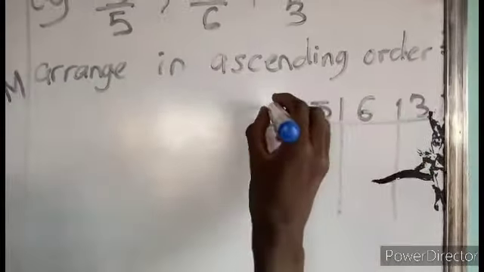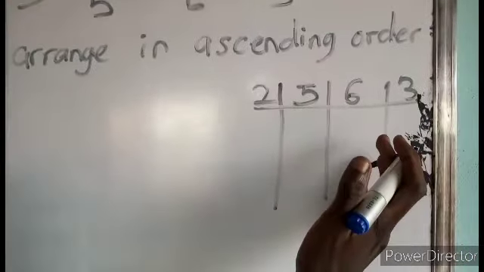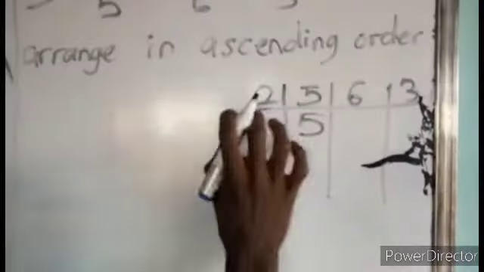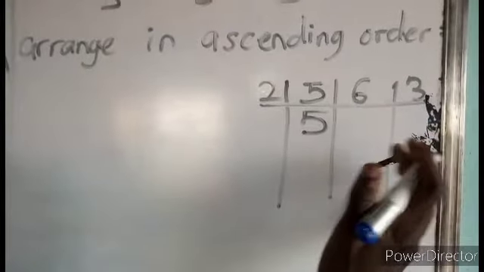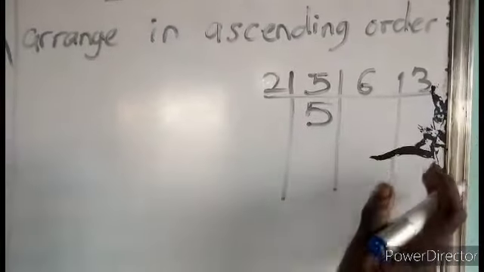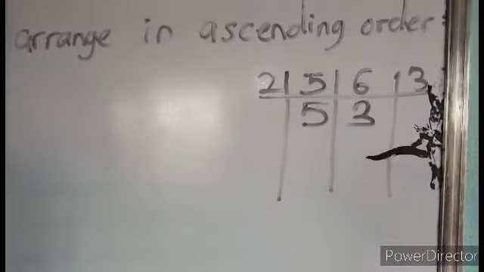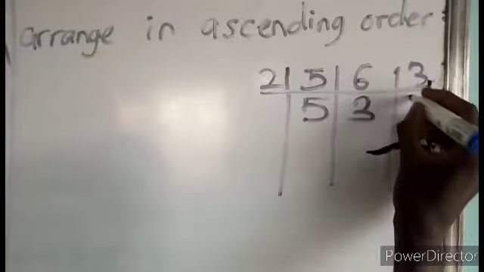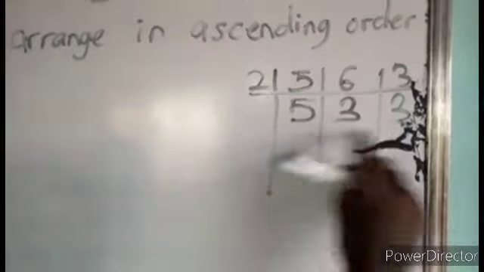So let's make use of 2. 2 and 5, there will be a remainder, so we have our 5 down. 2 and 6, if we go through our multiplication table, 2 times 1, 2, 2 times 2, 4, 2 times 3, 6. So we have 3 as our quotient here. 2 and 3, there will be a remainder, so we have 3. Now move on to the next line.